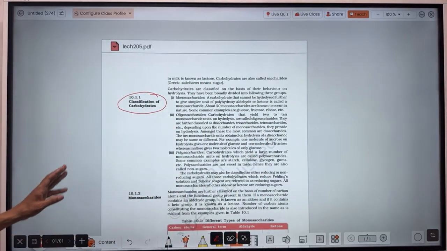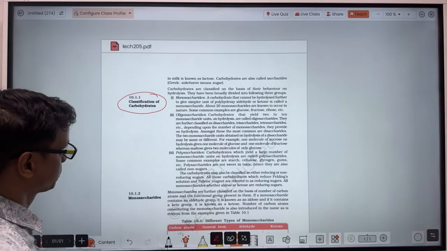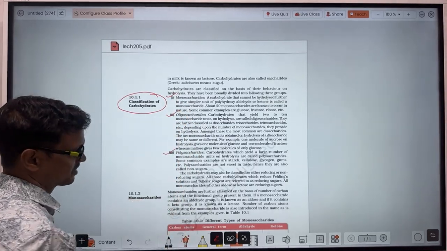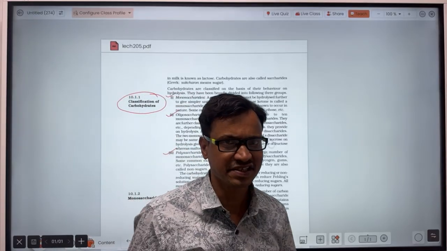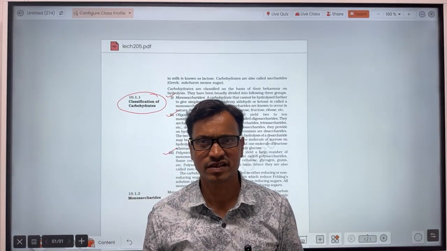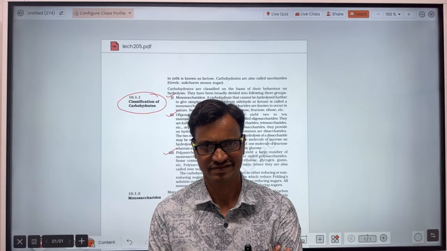Now let's see the classification of carbohydrate. Carbohydrate is classified into three parts: monosaccharides, oligosaccharides and polysaccharides. Monosaccharides are the carbohydrates which cannot be further hydrolyzed.